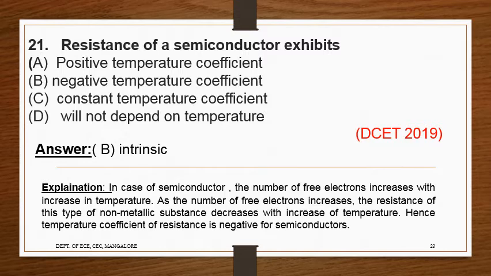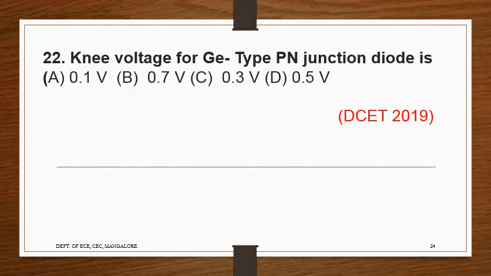In case of semiconductor, the number of free electrons increases with increase in temperature, and as the number of free electrons increases, the resistance of this type of non-metallic substance decreases with increase in temperature. Hence, the temperature coefficient of resistance is negative. Answer is B, negative temperature coefficient.